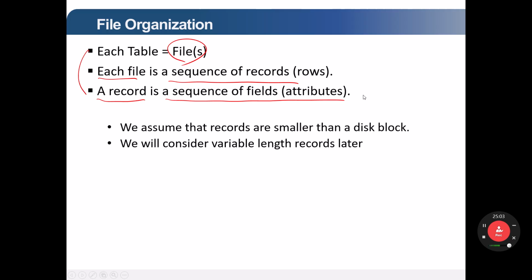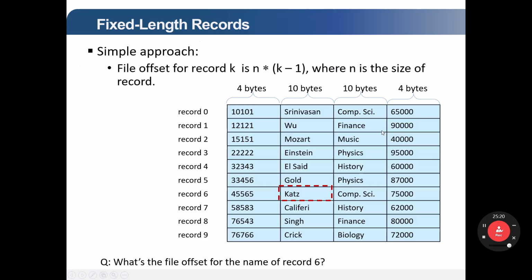And to simplify our discussion, to avoid confusion, let's just assume that we have very small records that can fit within a disk block, disk page. And for now, we will assume all attributes are of fixed size.